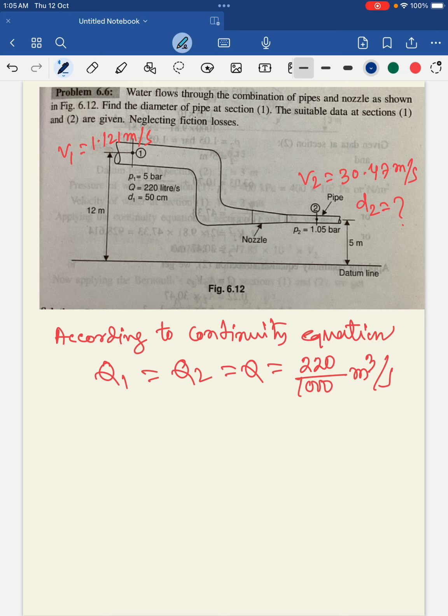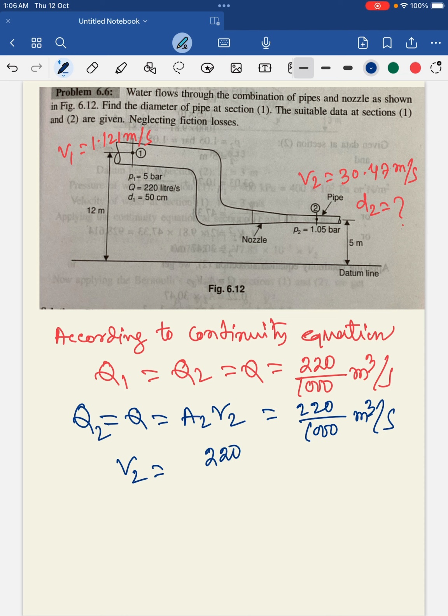Q, the volumetric flow rate, is nothing but A2 V2. Now from here, that is 220 divided by 1000 meter cube per second.